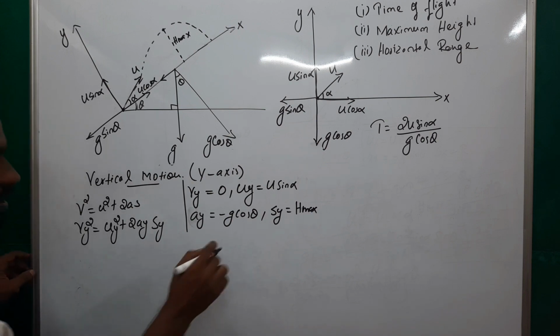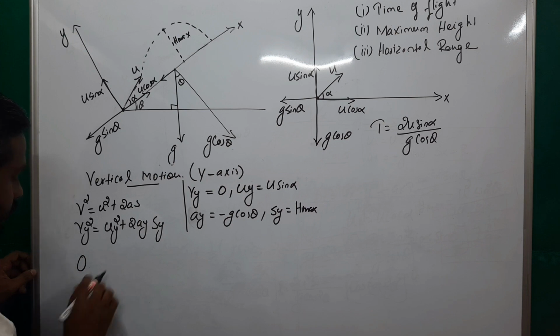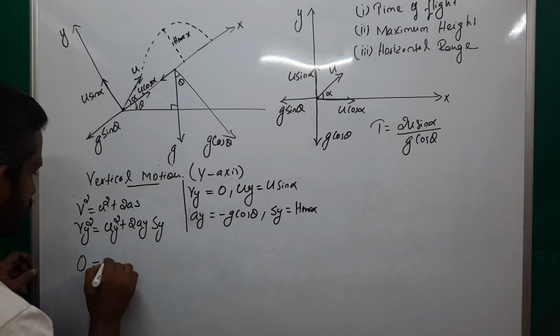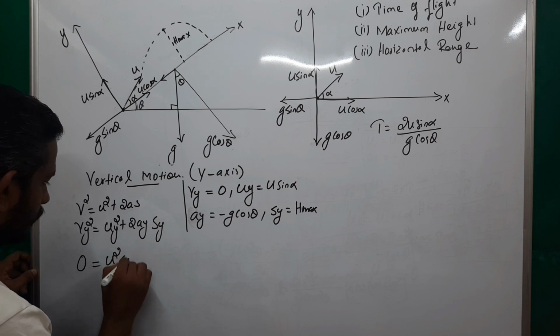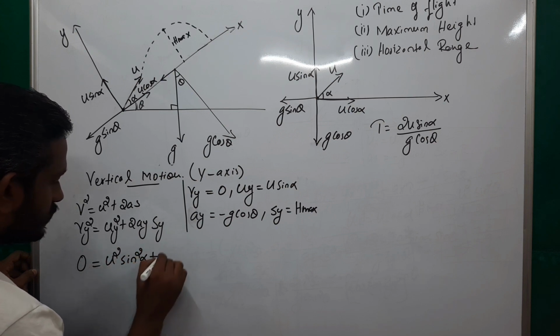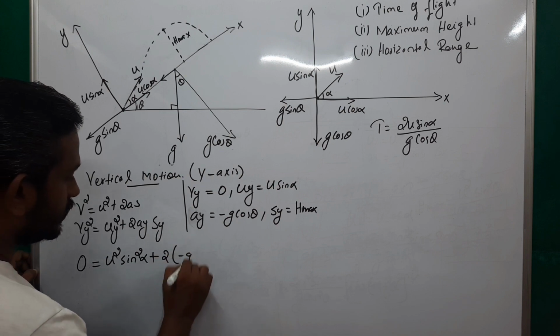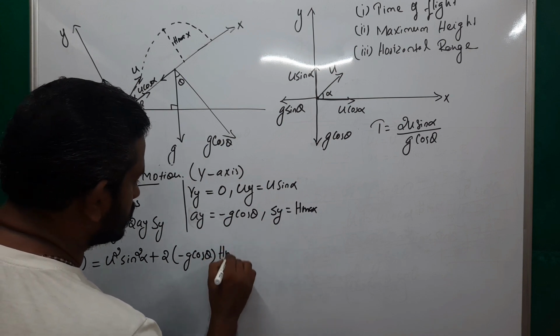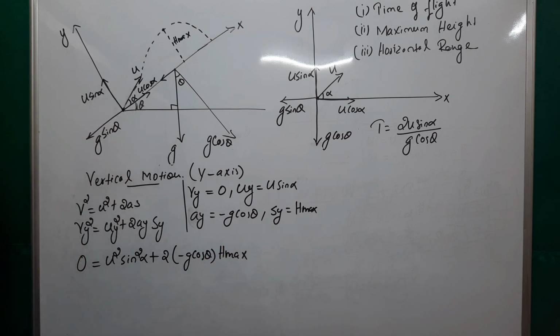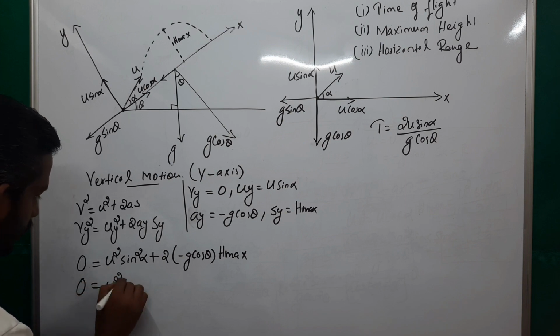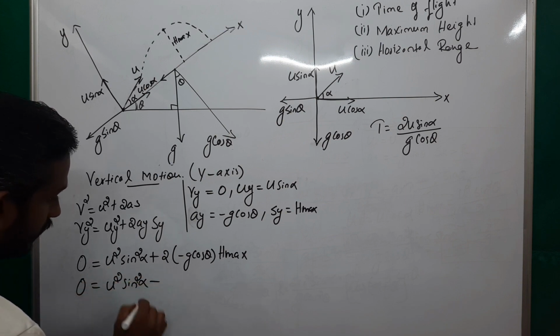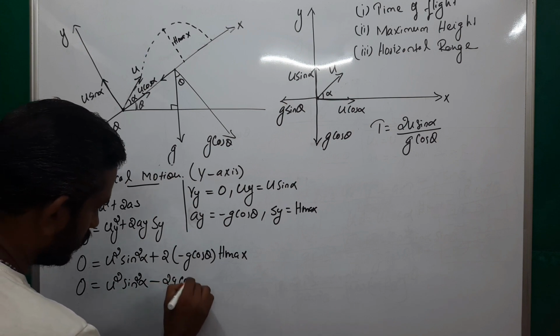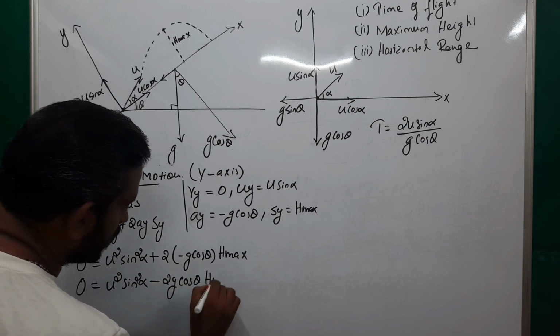So substitute: Vy is equal to 0, is equal to u squared sin squared alpha plus 2 into minus g cos theta into Sy, that is h max. So 0 is equal to u squared sin squared alpha minus 2g cos theta into h max.